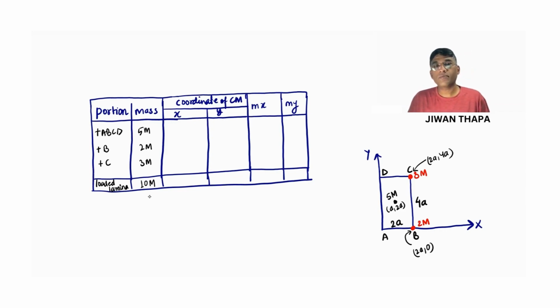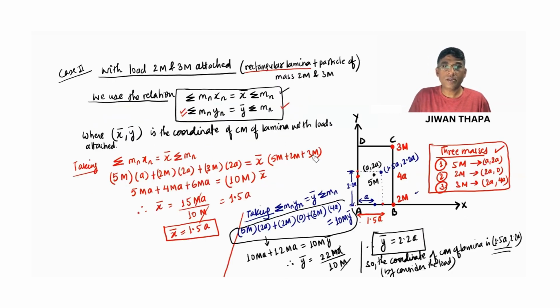So we have this. We can see this from the calculation also. See, the total mass summation mn is this. And this is 10m. So we have this.